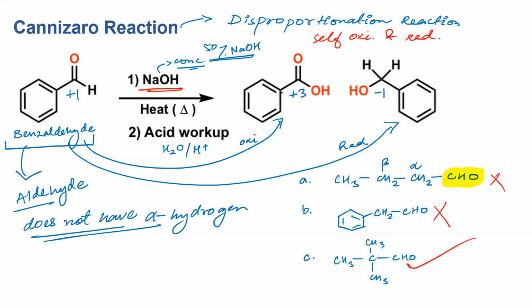Sometimes rather than this carboxylic acid, you will see COO Na positive. Since we have done the acid workup, meaning we have added water, this Na plus will leave and you will get OH. If the acid workup is not there, you will only get this molecule.